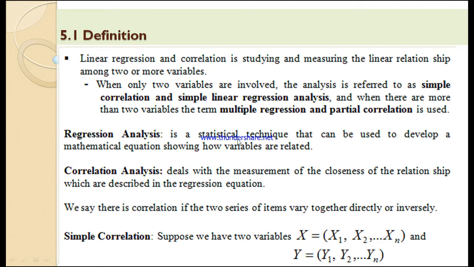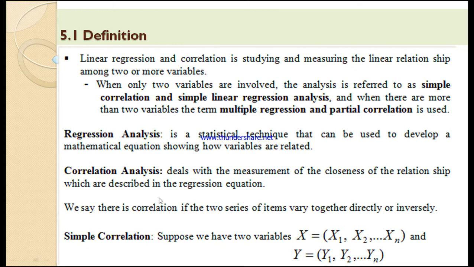Regression analysis is a statistical technique that can be used to develop a mathematical formula or equation showing how variables are related. On the other hand, correlation analysis deals with the measurement of the closeness of the relationship, which is described by the regression equation or regression formula.